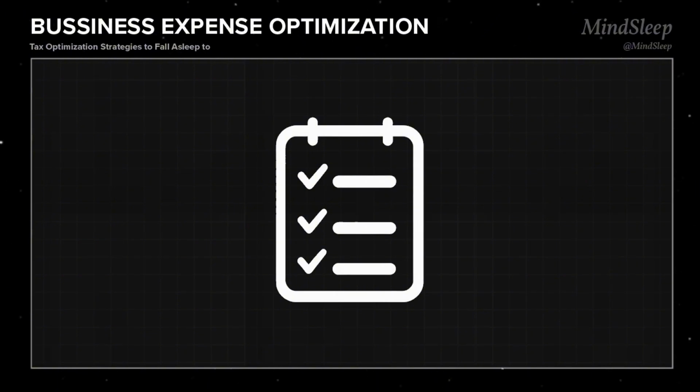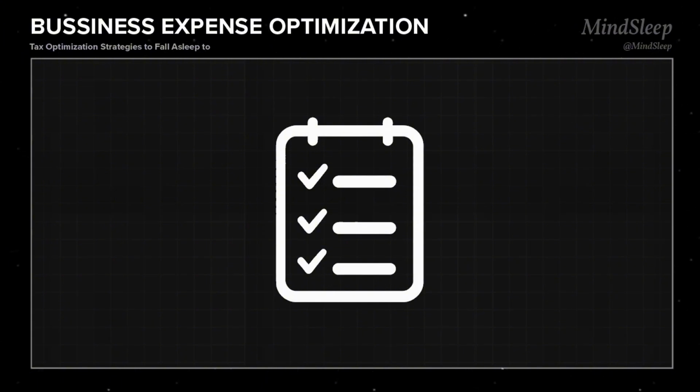A home office, for instance, requires careful calculation of the percentage of your home used exclusively for business. This seemingly simple task can become a complex exercise in spatial and temporal analysis.